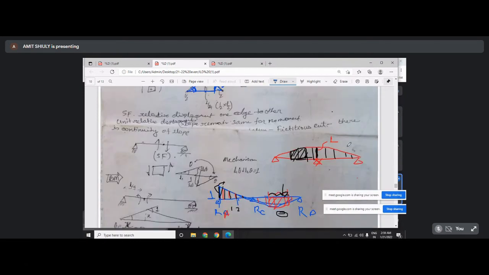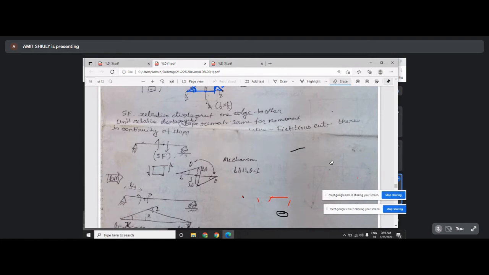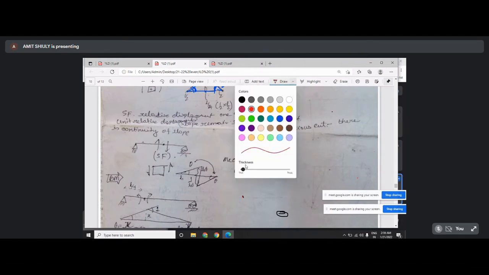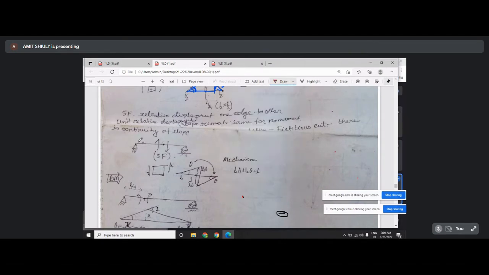Now shear force. In order to determine the shear force, same way, you can determine shear force. You have to cut here and give a unit displacement, so this should be 1.